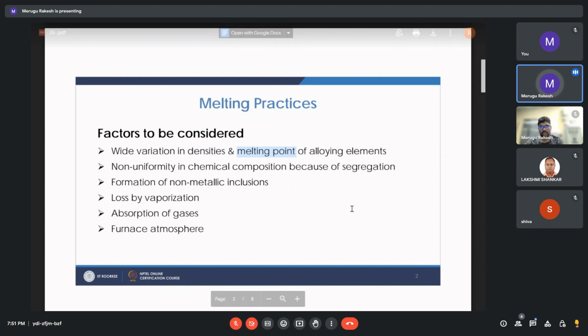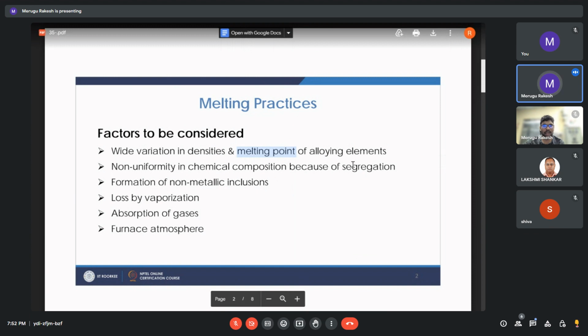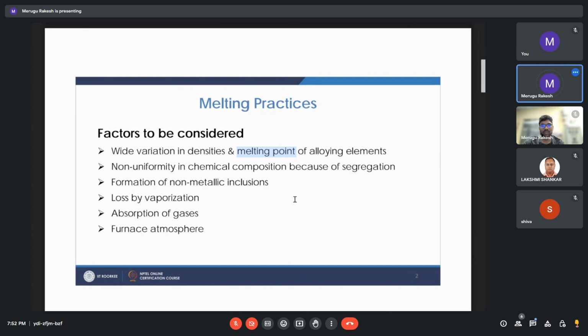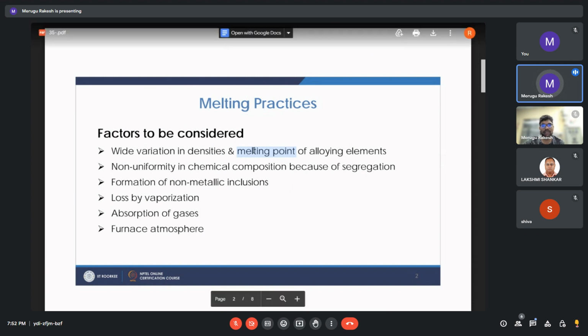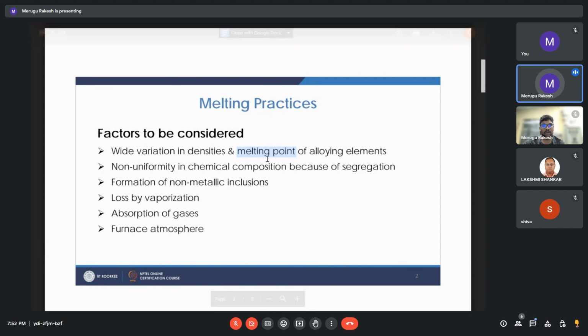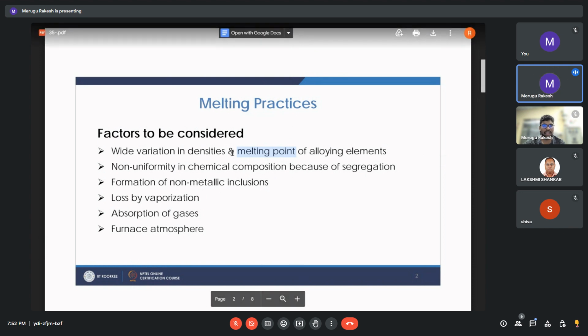In one case, a material is very dense so it can settle down, and another is much less dense so it can float on the top and there will be no mixing at all. Similarly with melting point, one can melt easily and the other cannot. So these are the difficulties.